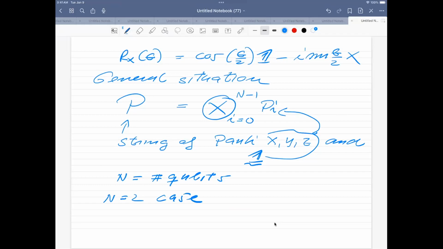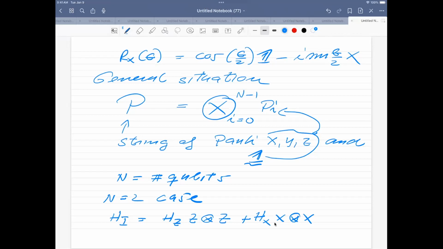We will have an interaction piece, H_I, given by a constant, H_c, and then a Pauli Z matrix tensor product with a Pauli Z matrix, the first one for qubit 1 and the other for qubit 2, plus a constant H_x, which then contains this part here. So this is an example of a string of such operators, or such matrices.